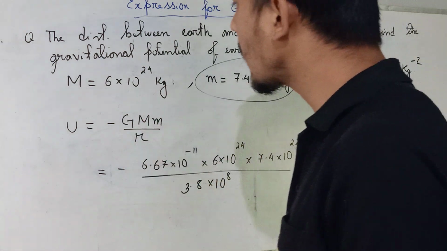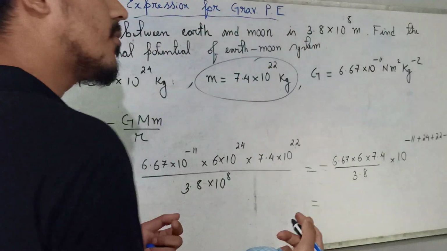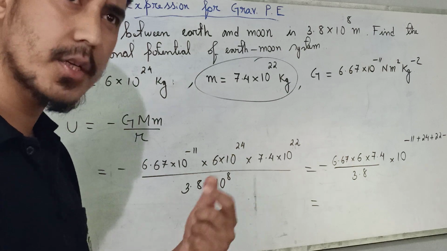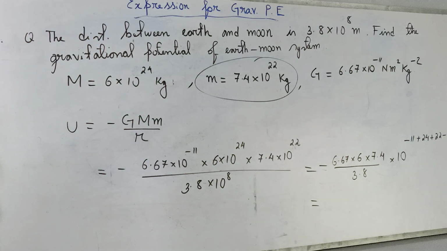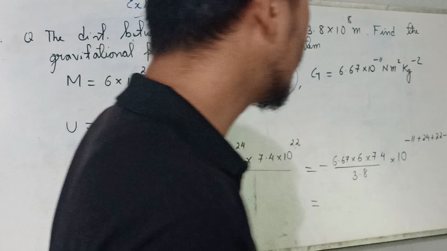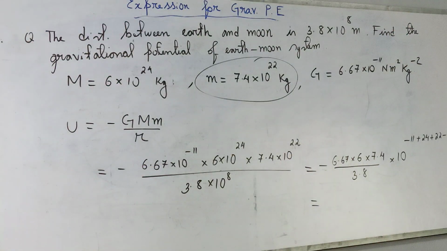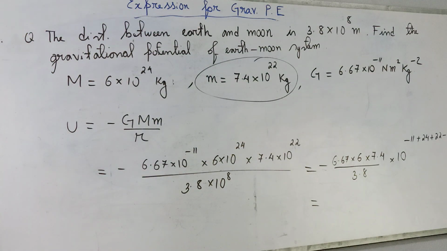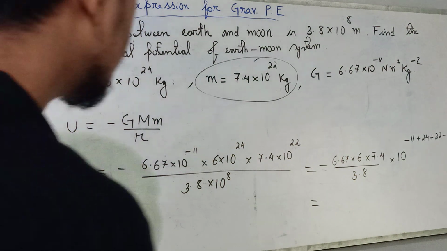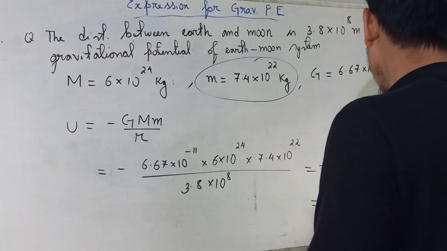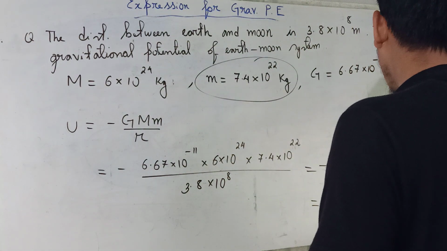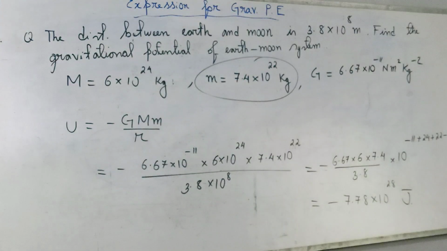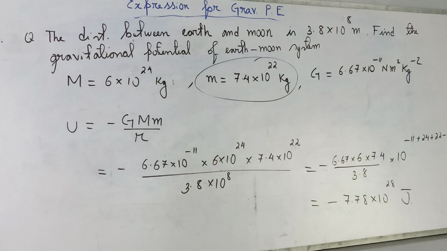Negative sign means the gravitational force is attractive in nature. If there is a force of attraction between the two bodies, then the potential energy becomes negative. So after solving this, we get the solution to be minus 7.78 approximately into 10 to the power 28. Your answer will be in terms of joules.